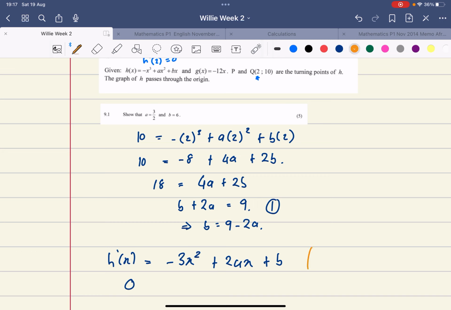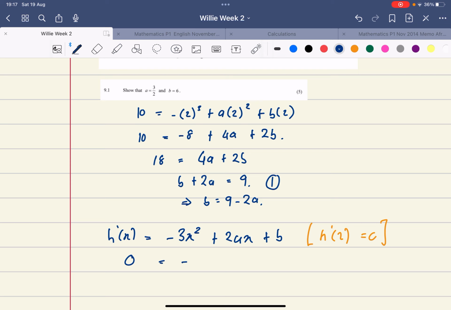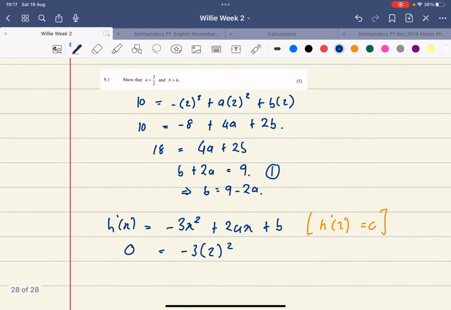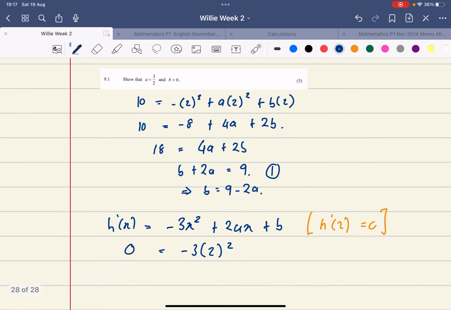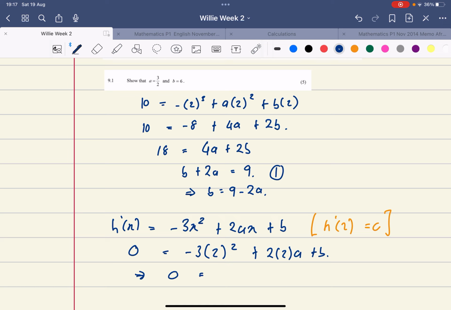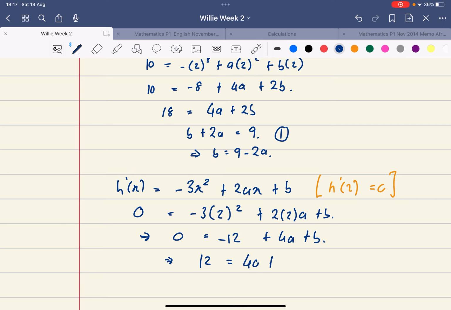That's just from this fact again: h prime of 2 is going to equal 0 because it's at the turning point. So then we'll get minus 3 times 2 squared plus 2 times 2a plus b, which means that 0 is equal to minus 3 times 4, so minus 12, plus 4a plus b. So that means that 12 is equal to 4a plus b.